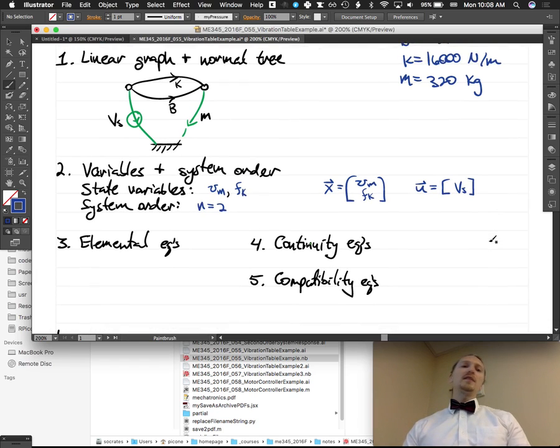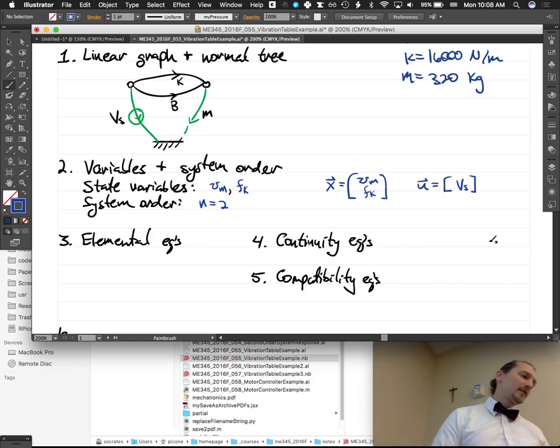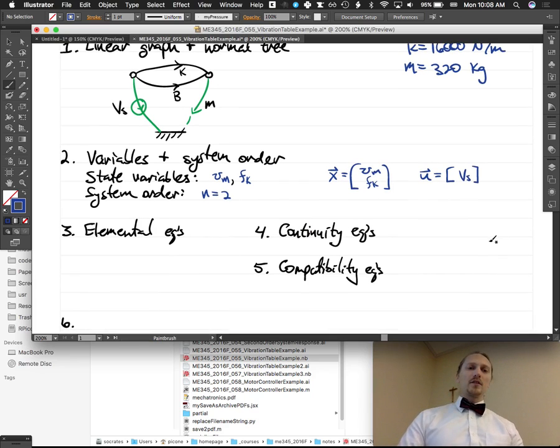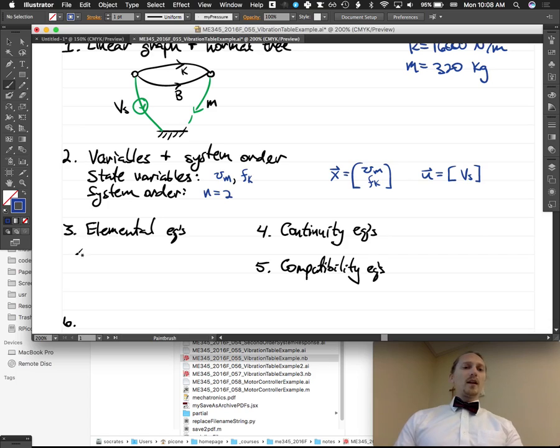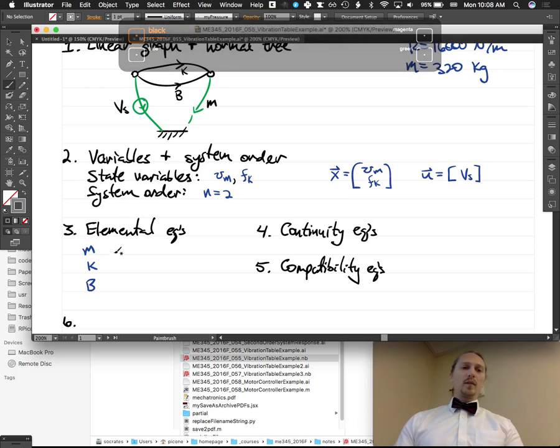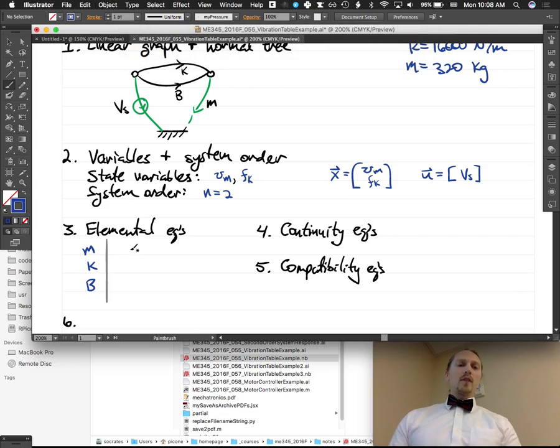All right, so we're just moving right along here. No issues so far. Elemental equations, let's draw our nice little column here. M, K, B, those are our 3 elements. And what is the elemental equation for the mass? dVm/dt equals 1 over M times FM.